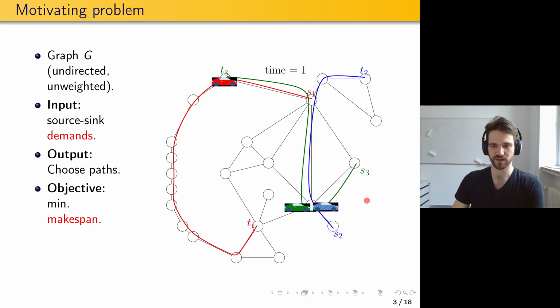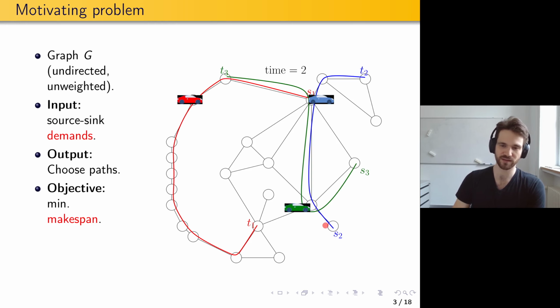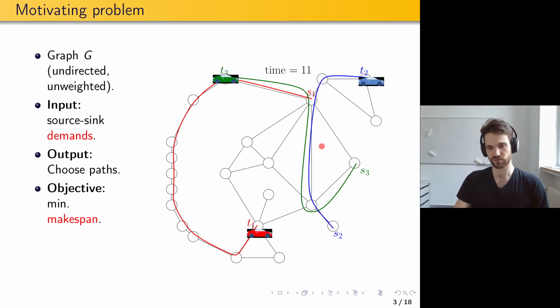However, this road can only support one car going through it, so only the blue car passes and the green car does not. At the end of the day, they both finish. The point I wanted to draw your attention to is that if many cars want to pass through one road, it's going to take a lot of time. Okay, so you want to choose the paths that minimize the makespan.